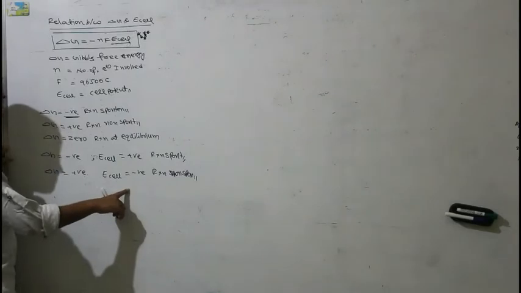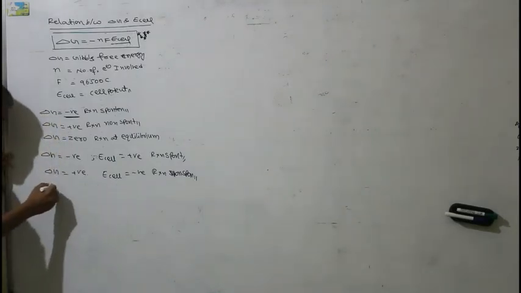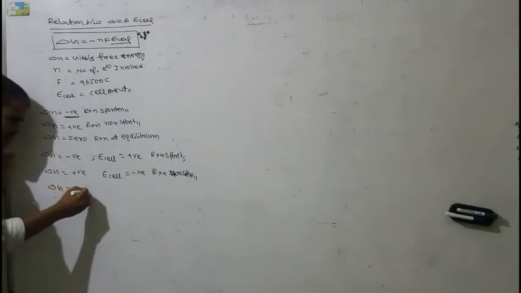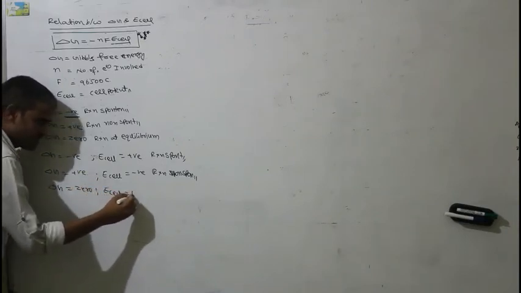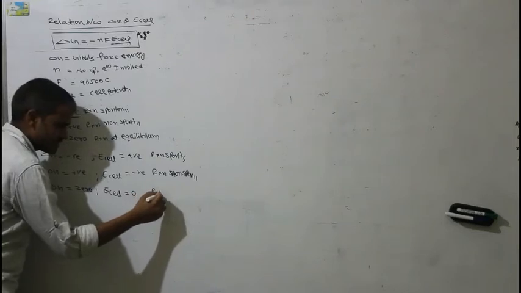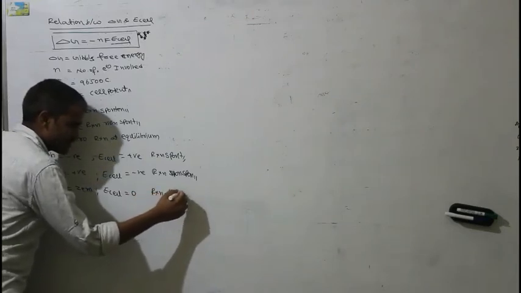When E cell is 0, del G also becomes 0. So del G 0 means E cell also 0. When E cell becomes 0, that indicates the reaction is at equilibrium.